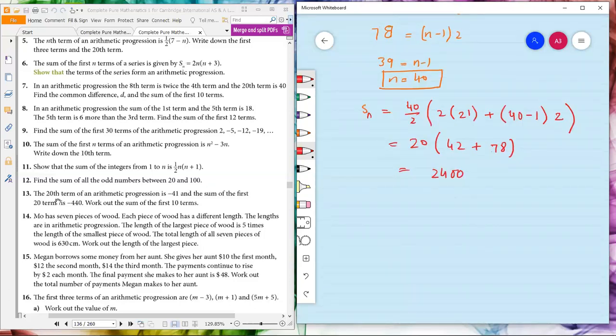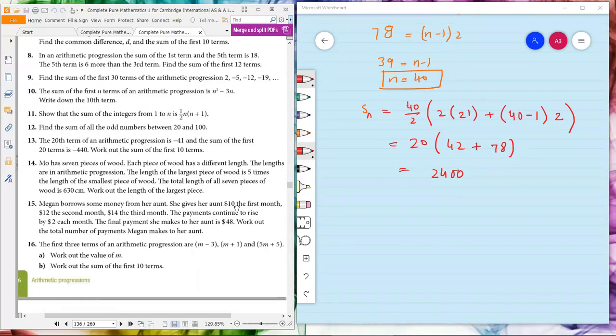Then I solved question number 13 as well. Okay, that's good. Question number 14, that's one I had a problem with. Mo has 7 pieces of wood. Each piece of wood has a different length. The lengths are in arithmetic progression. The length of the largest piece of wood is 5 times the length of the smallest piece.